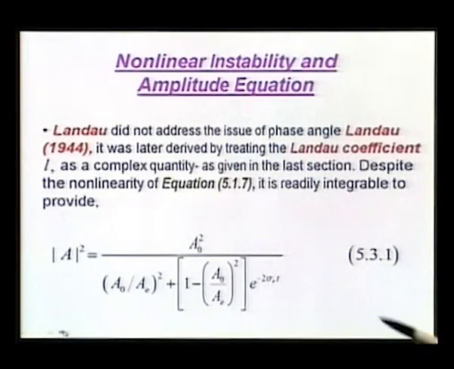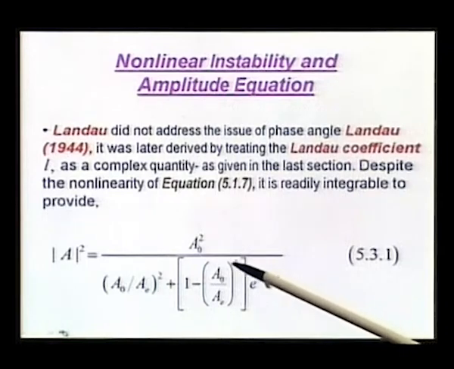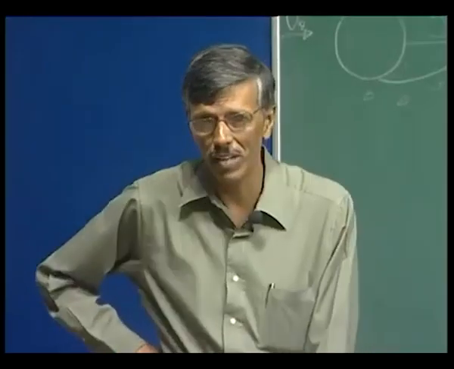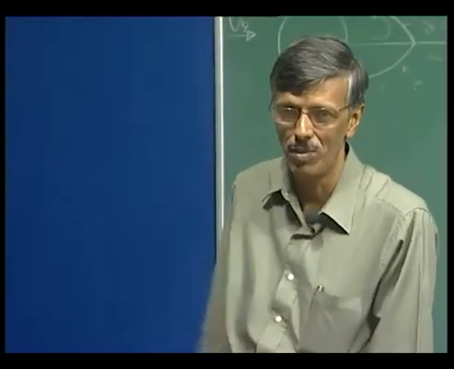Now, in a post critical scenario, of course, sigma r is positive. So, with time this is going to decay, right, e to the power minus 2 sigma r t. So, for a very large time, what will happen? This part will cancel out, this A naught square will cancel out, and A square goes upstairs, and that is exactly what we saw in the figure, that you achieve an equilibrium state.